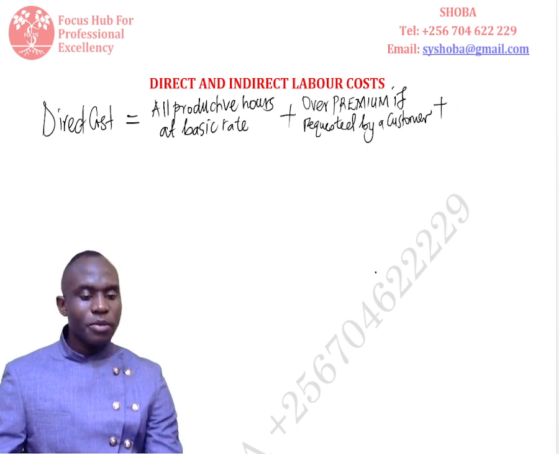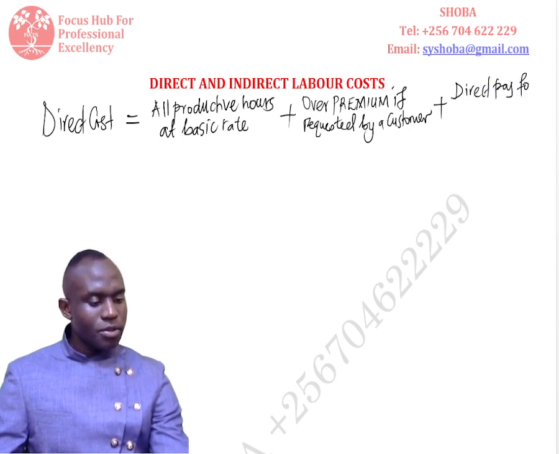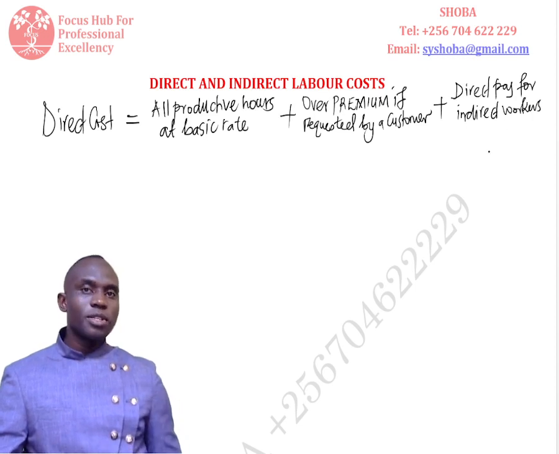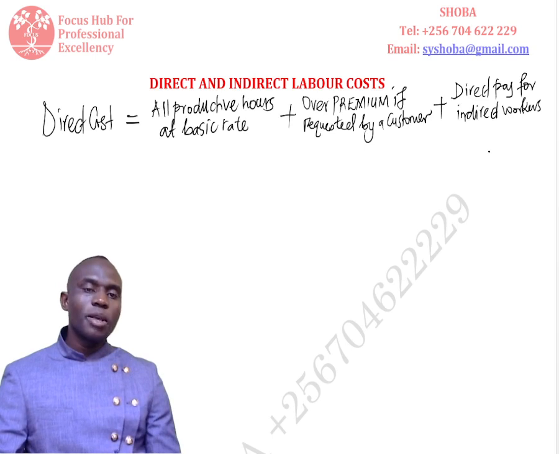Then we add on direct payment, but it is for indirect workers. Now this is not so common, but the logic is this: maybe the company is busy, we are producing units, so we may decide to call indirect workers, maybe cleaners, to come and help us with the production of the units.